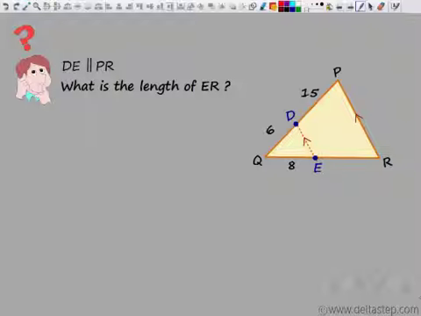So applying BPT, what I can say is that QE by ER should be equal to QD by DP. So let's write that. By BPT, I can say QE by ER should be equal to QD by DP.